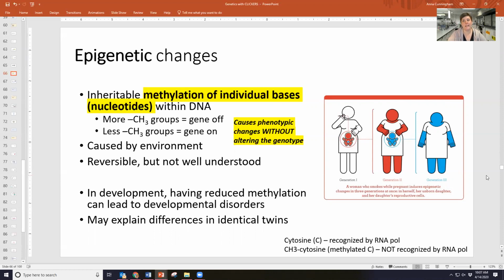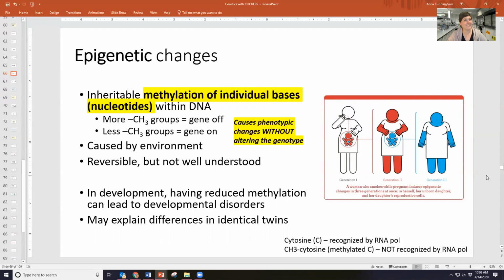We don't really understand epigenetics fully. We do know that just like methylation is reversible on histones, methylation can be reversible on nucleotides as well. So we can add methyl groups or remove methyl groups. We know that our body has the capability of doing this.